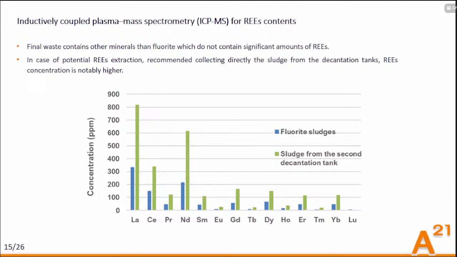We took samples from all three tanks, and they are really enriched in comparison even to the fluoride sludges from the landfill. The lanthanum has more than 800 ppm and neodymium more than 600. Most of them are more than 100, so the concentration is quite significant.